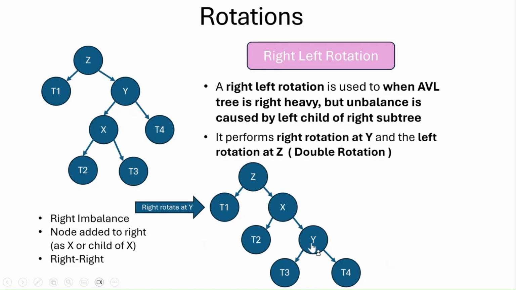But T3 is less than Y, because here T3 was on the left side of Y, so it will still be on the left side of Y. So if X has any right child, it becomes the left child of Y. So we did the right rotation at Y.